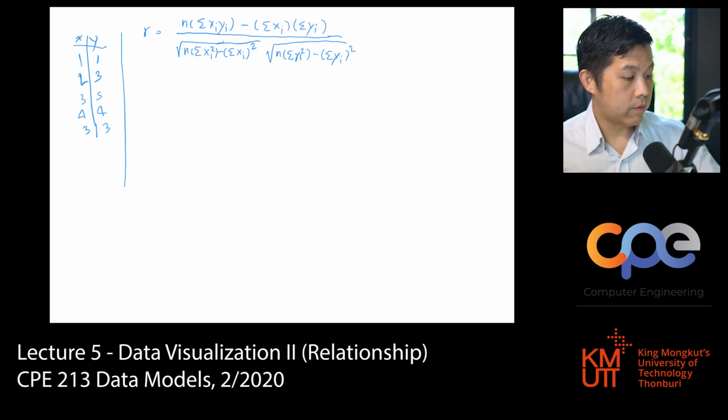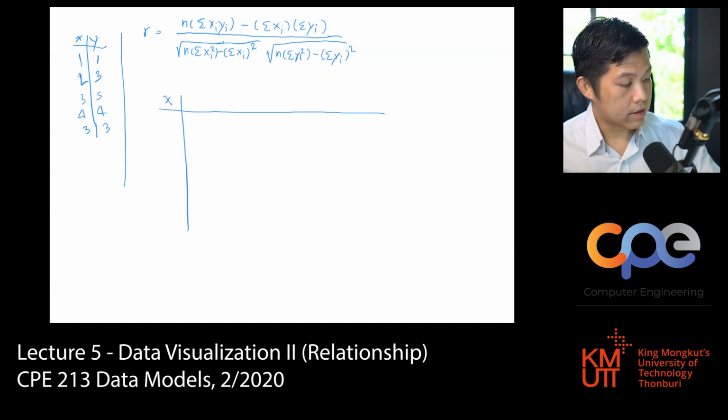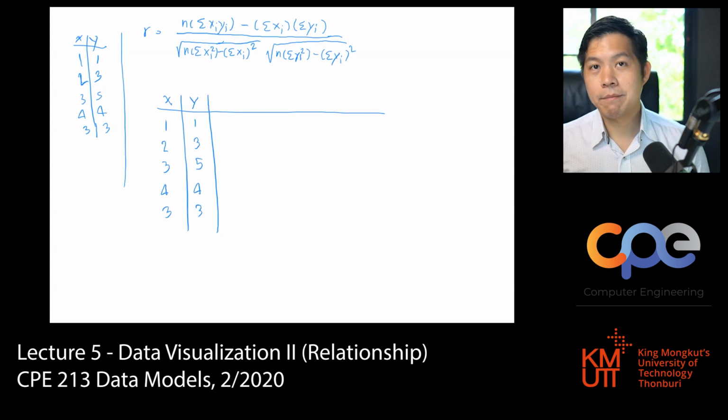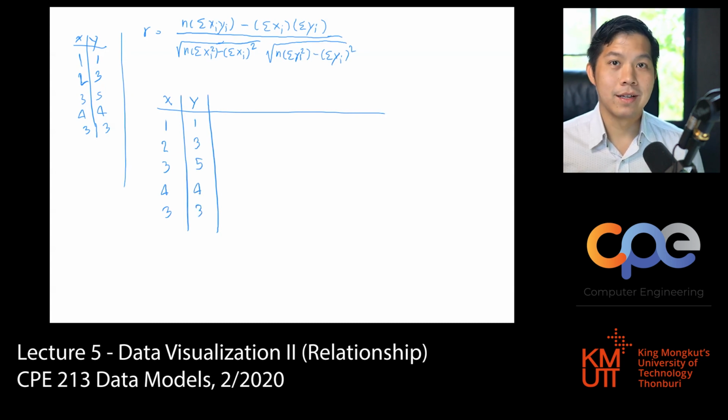I will start by writing this table: x is 1, 2, 3, 4, 3 and y is 1, 2, 1, 3, 5, 4, 3. When you use a computer, it does this automatically, but I would like to show you that it is really convenient to use this equation.